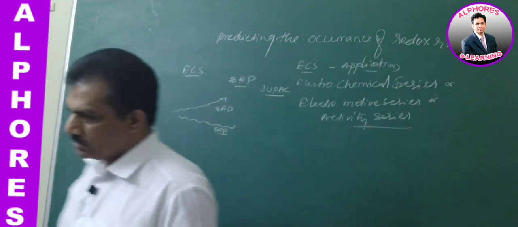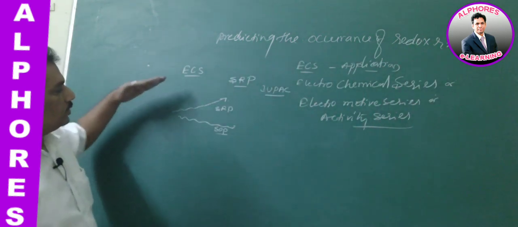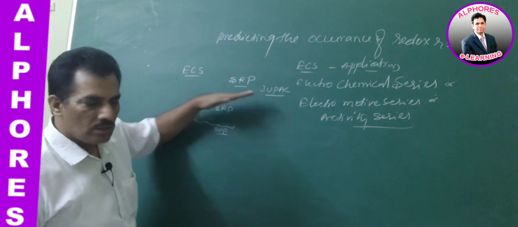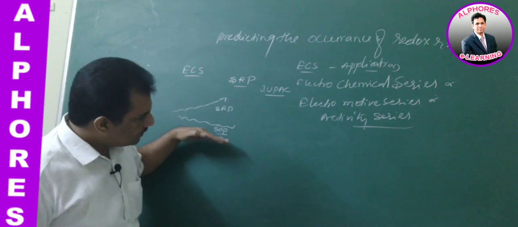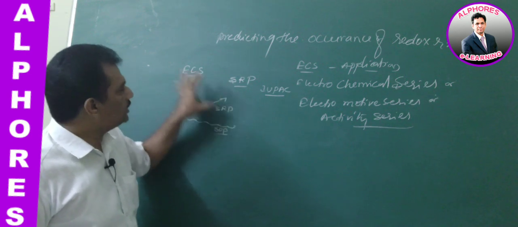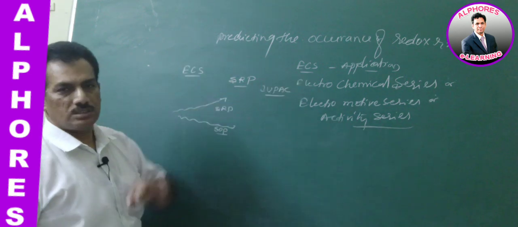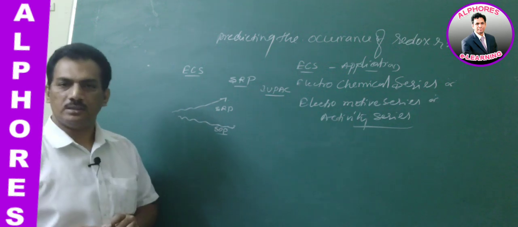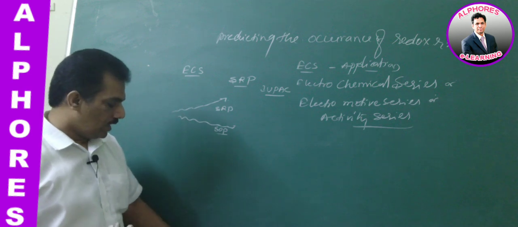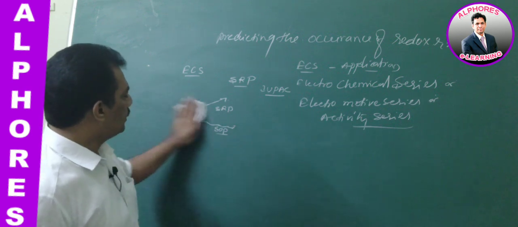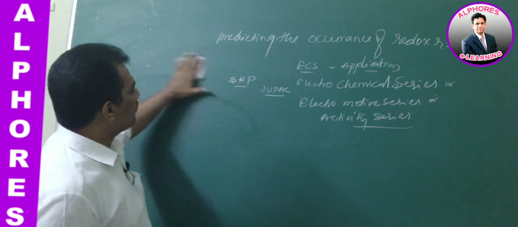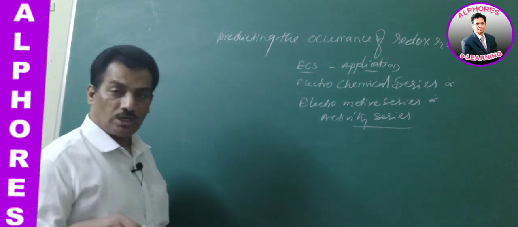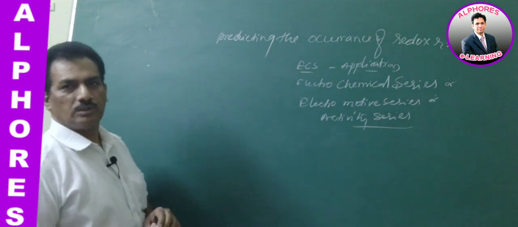So altogether, the electrodes, when arranged in the increasing order of their SRP values or in the decreasing order of their SRP values, that arrangement is known as electrochemical series or electromotive series or activity series. Clear? It is not at all possible to memorize all the SRP values for all the metals or non-metals or whatever electrodes are given in our textbooks.